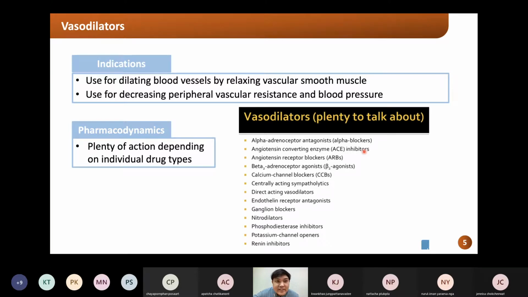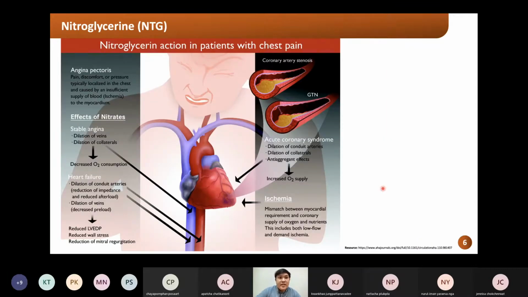And when we talk about the pharmacodynamics of vasodilators, it really varies depending on the individual drug type. As you can see, there are a lot of actions. But in this section about vasodilators, I will tell you about just one type, which is nitroglycerin, or NTG.